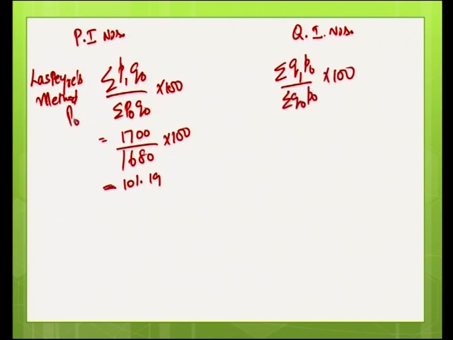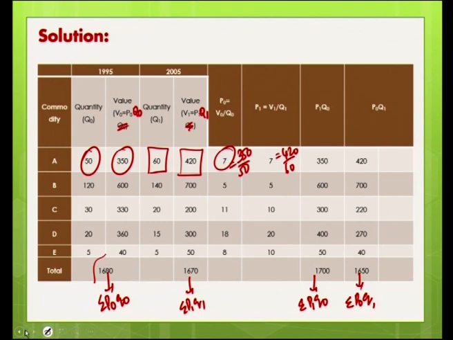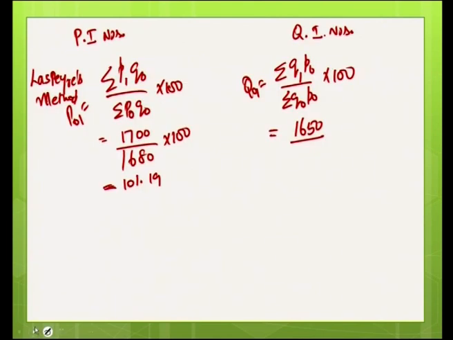This is P01 and this is Q01. This is equal to 1650 by, just see what is Q1 P naught. Q1 P naught is this total, 1650, and summation Q naught P naught is 1680 into 100, and the answer is 98.21.